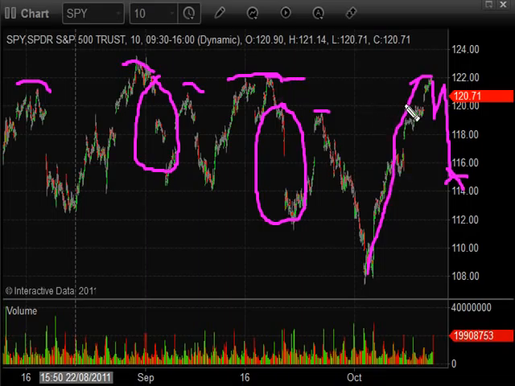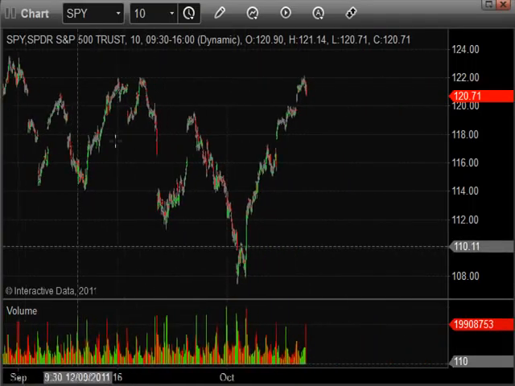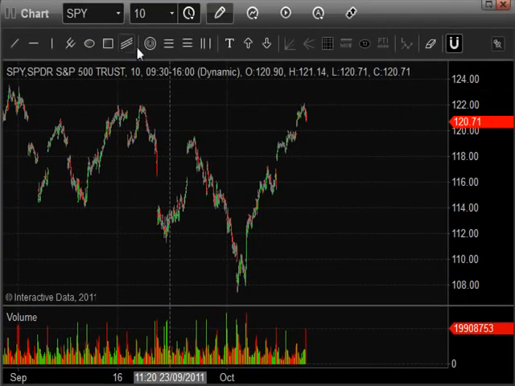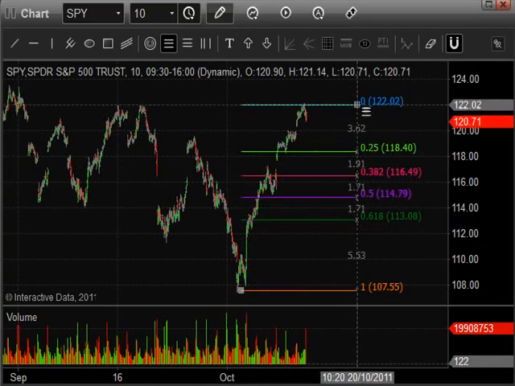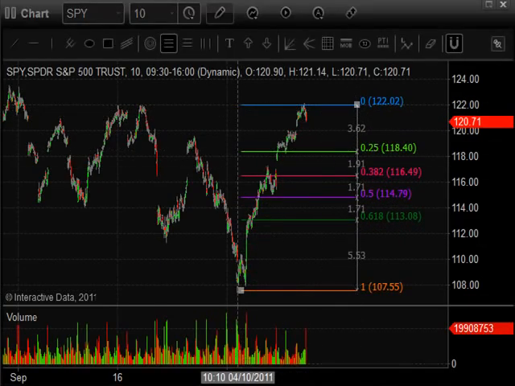and the fact that we've broken two highs, I'm looking for about a 38 to 50% retracement of this current move, meaning if we just pull out a Fibonacci retracement tool, we can quickly see by grabbing that, we'd be looking for a pullback down into this 38 zone and this 50% zone.